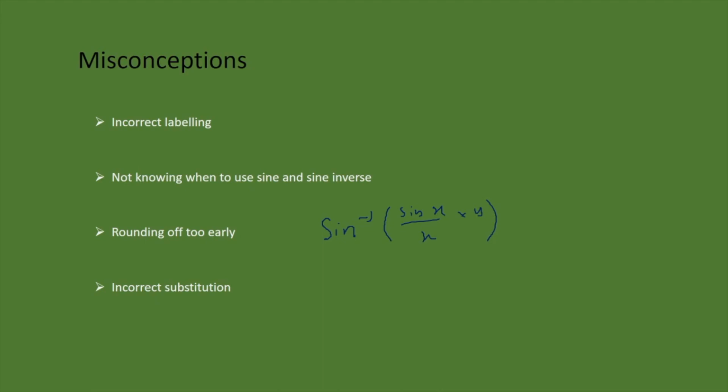You find the inverse and you need to round the final answer, not in between. Only the final answer should be rounded off. Don't round it off halfway through the question. Point 4. Some students, even though they label the triangles correctly, can also make incorrect substitution. So we have to make sure that we substitute correctly.